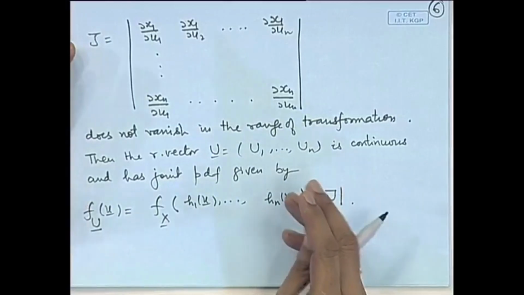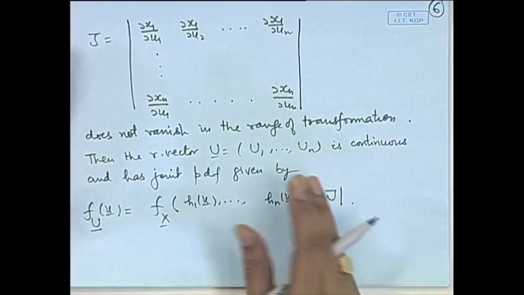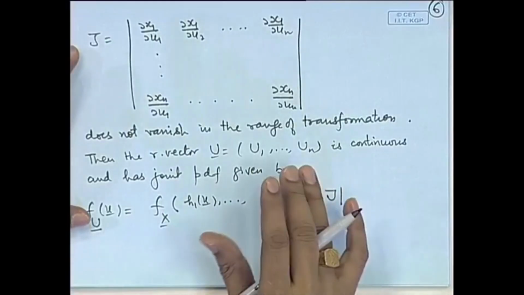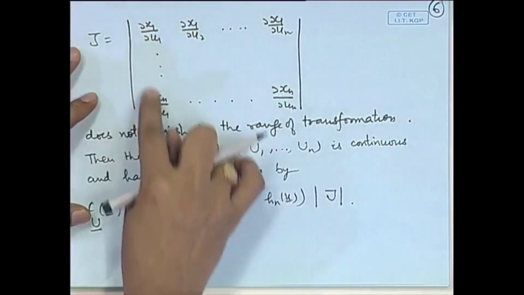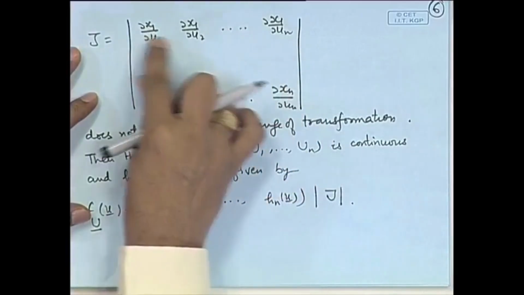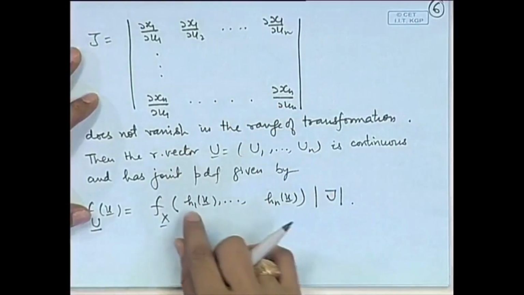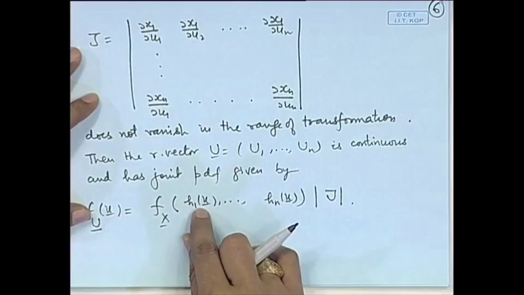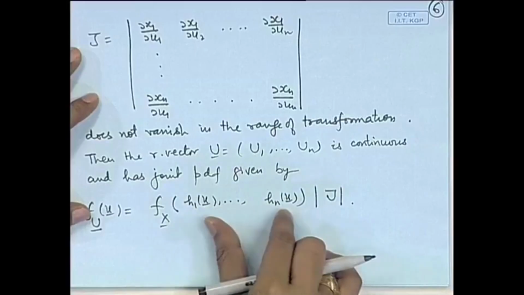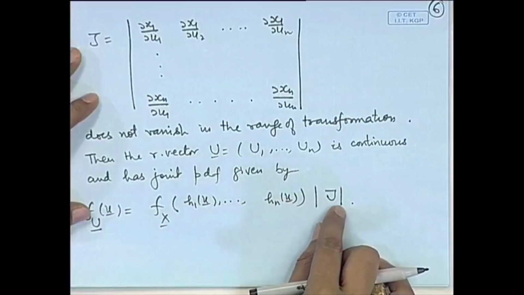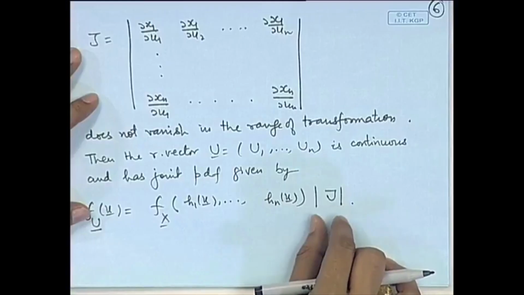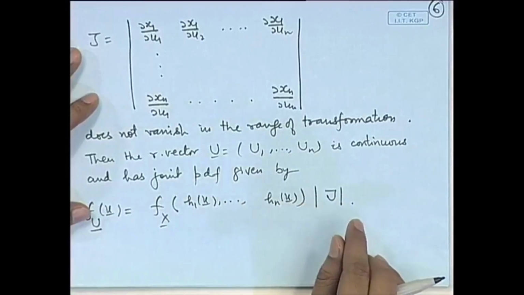So, when we have an n dimensional random vector and an n dimensional 1-to-1 transformation, we look at the inverse function and calculate the determinant of the partial derivatives, call it the Jacobian, substitute the values of x1, x2, ..., xn in terms of the u_i's and multiply by the absolute value of the Jacobian. That yields the joint density function of the transformed random vector. So, let us look at a few applications here.